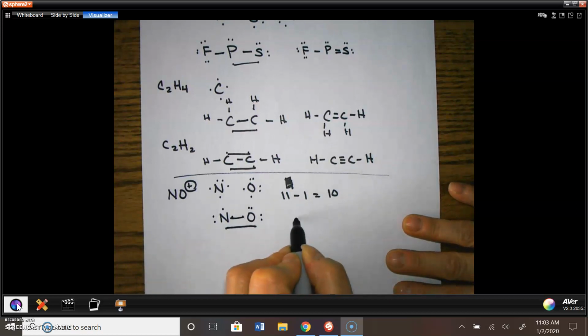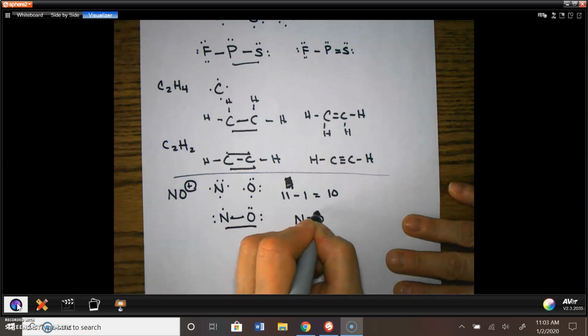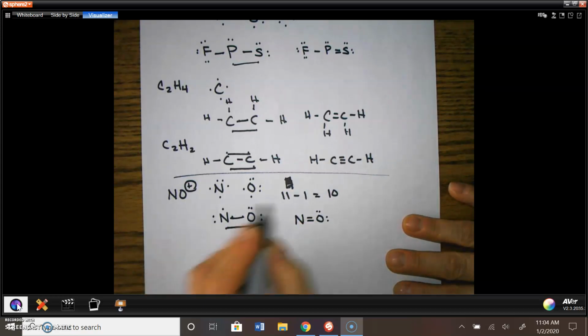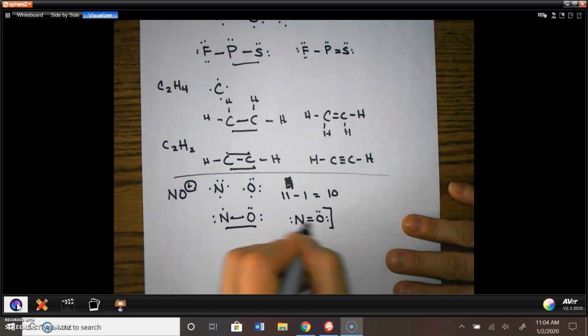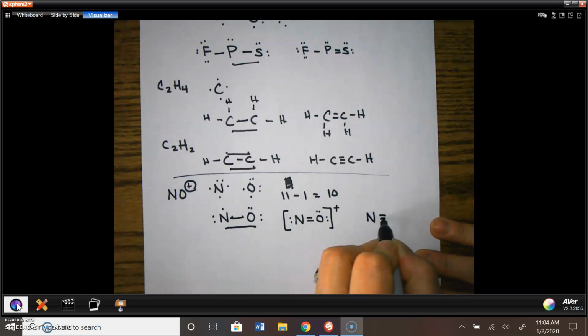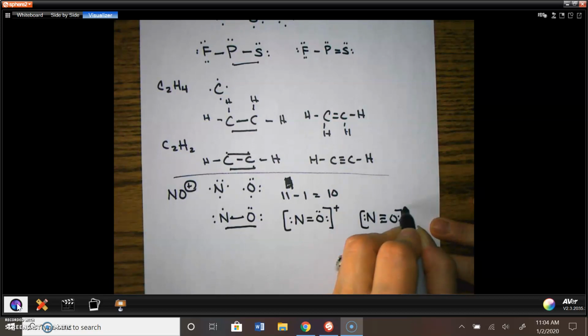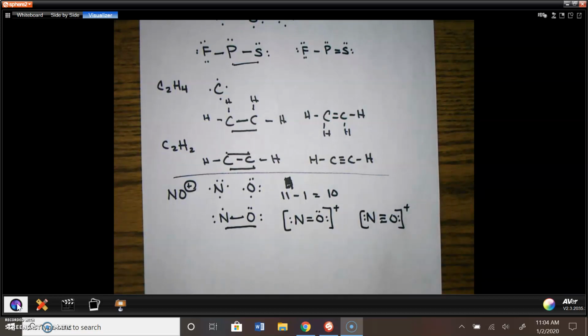Either way, I'm going to mark either one of them acceptable. But to show that it is a charge of plus, I'm going to put it in brackets. Or if you do this, I'm going to mark that acceptable as well.